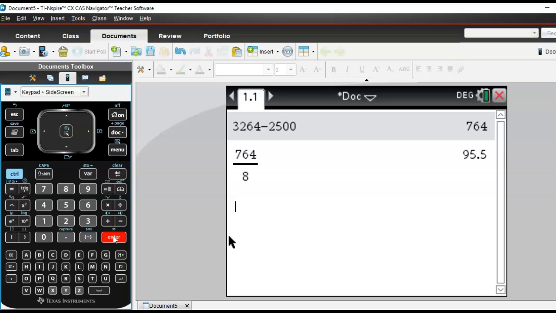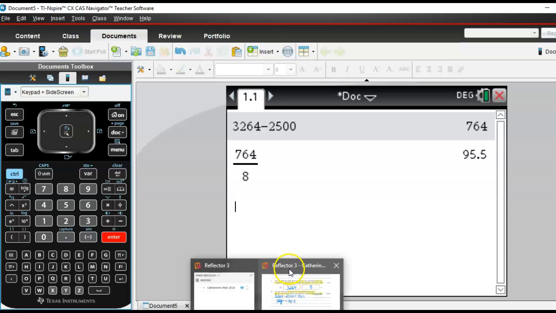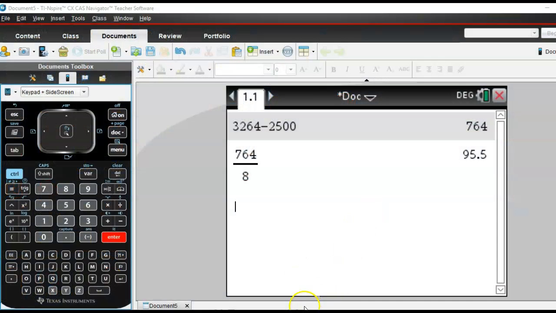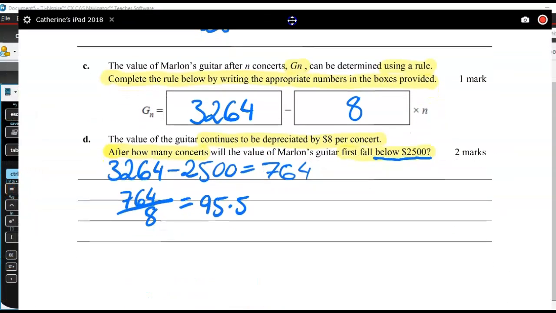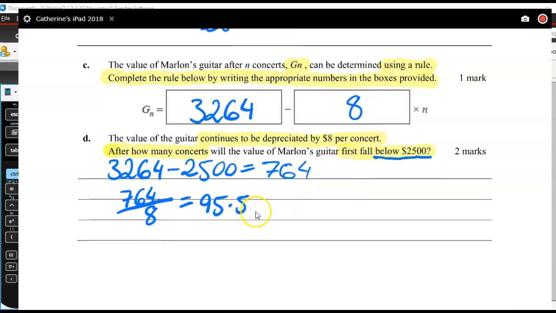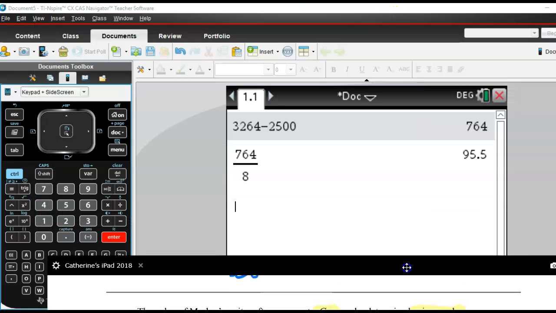Now you're probably asking, well, is it 95 concerts or 96 concerts? We've got to think about this. After 95 concerts, it's not going to be under that 2,500, is it?